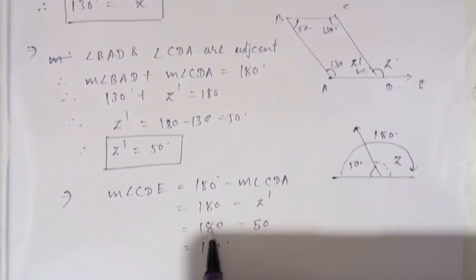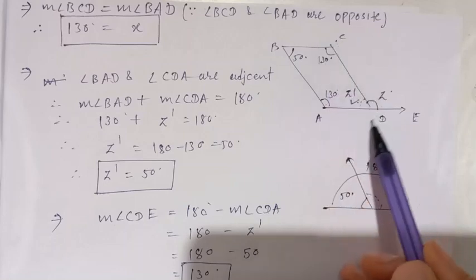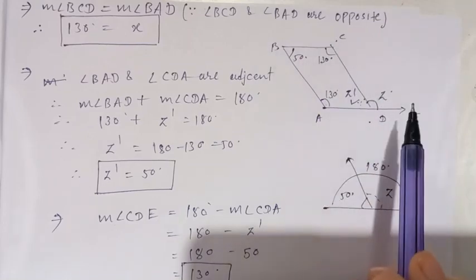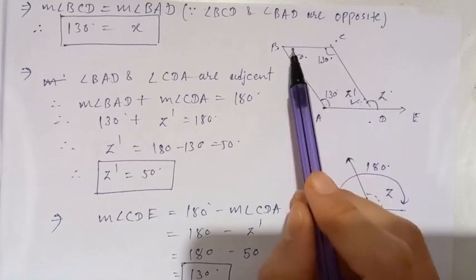You can also use the Z rule here. See, BCDE forms a Z, so the inner corners are equal. Which are the inner corners? BCD and CDE, this and this. These two are inner corners.